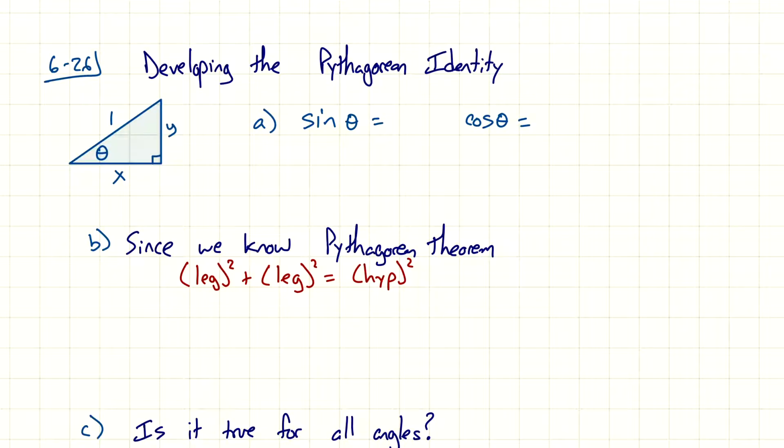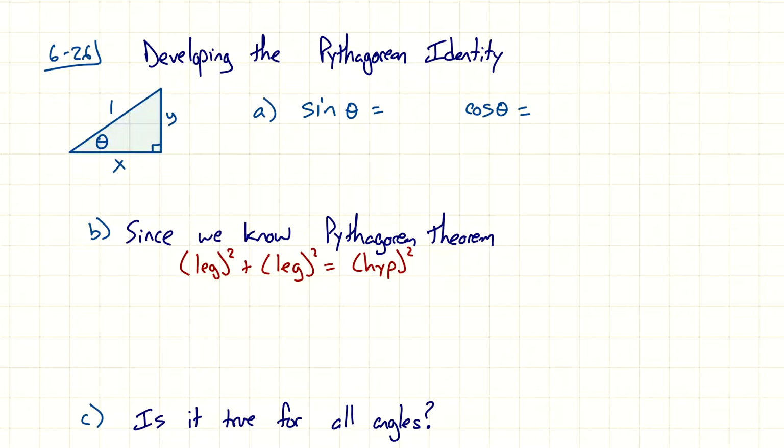So we're going to use a little bit of what we just learned and some old knowledge as well. Let's look at this triangle given to us, where the hypotenuse is 1 in this case, and we have x and y as our two leg measurements.